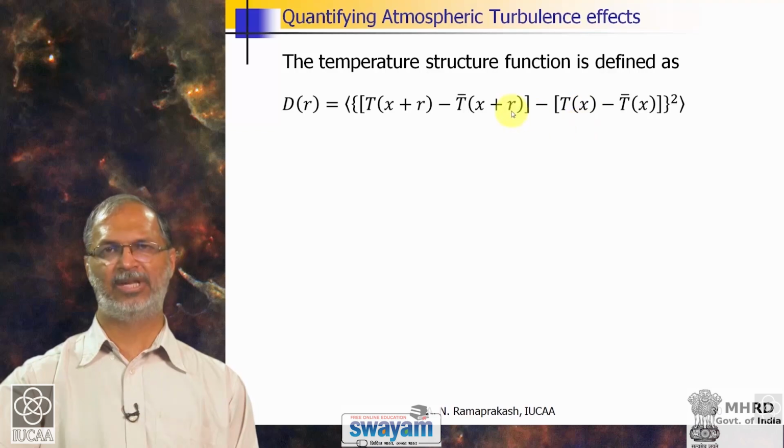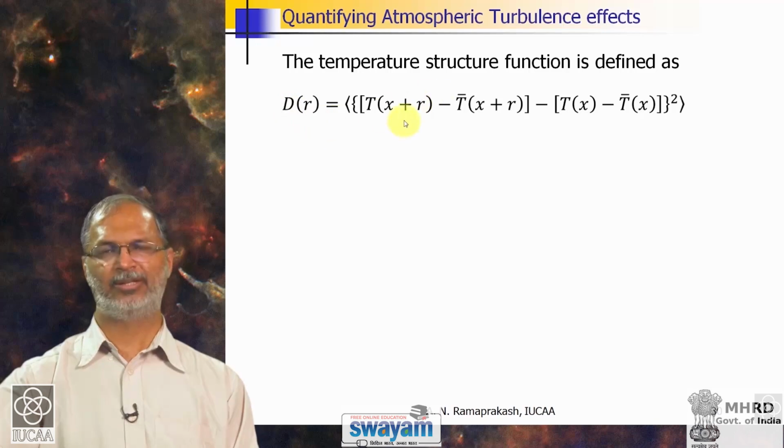Similarly, go to a distance r away from that location and take the temperature at that location, subtract the mean value of the temperature at that location, and the difference between these two quantities, squared and averaged over a large number of regions, is called the temperature structure function.